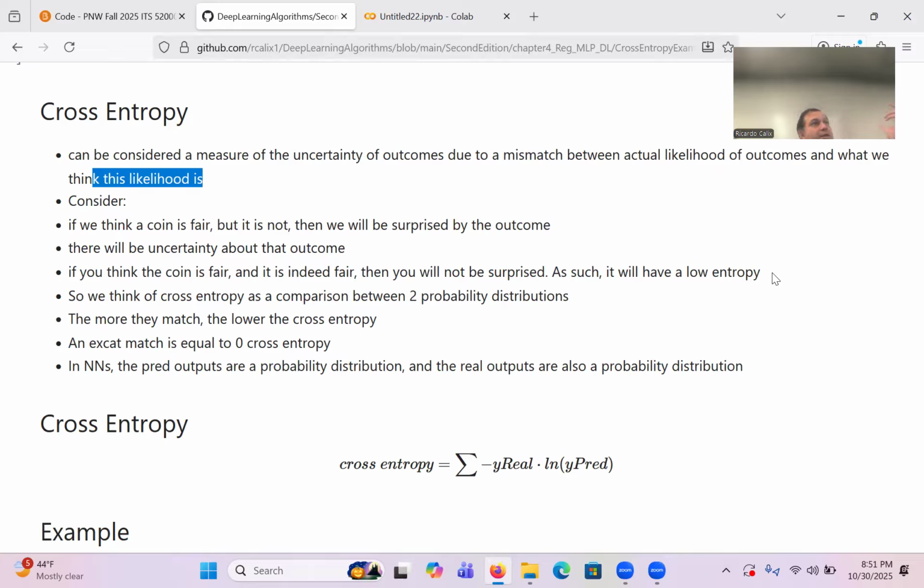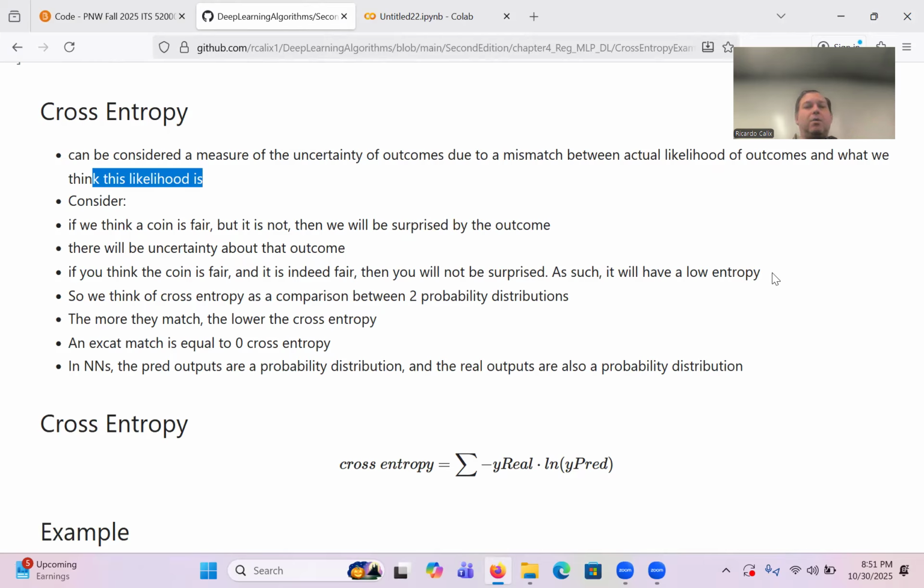When I'm predicting cat and dog, 1, 0. In the first case, I think the coin is fair, but it is not. My prediction was not 1 and 0, it was 0.6, 0.4. Do you see? What happened there? I was surprised because we thought it was fair, but it is not.